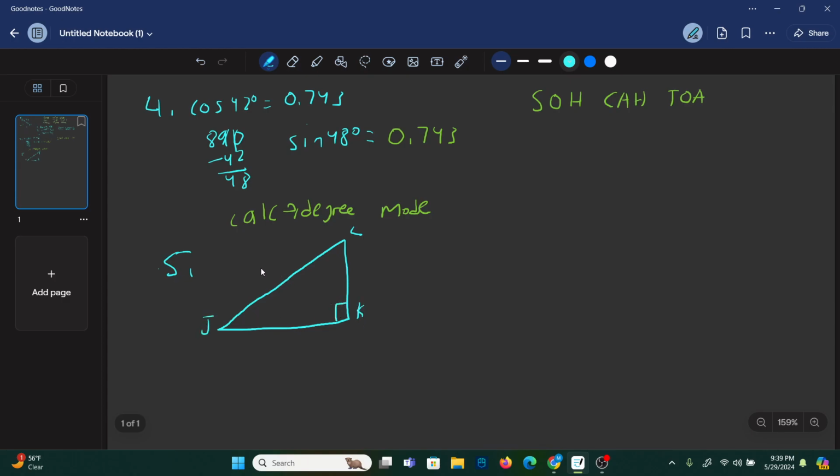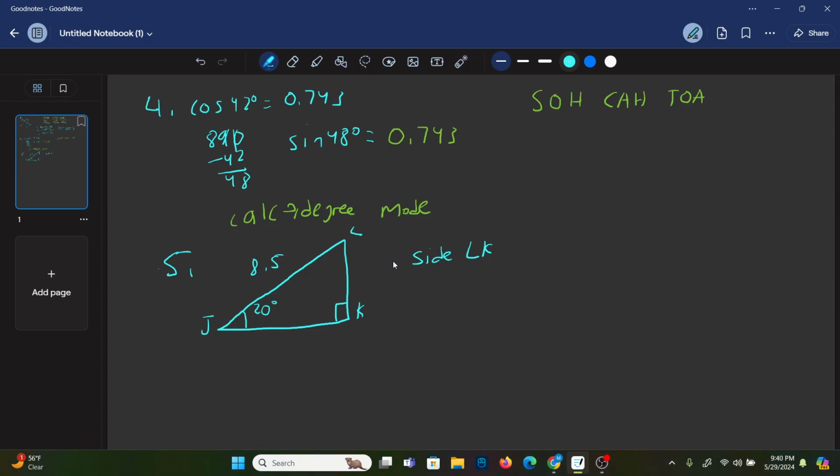And we have this side equal to 8.5. We have this angle equal to 20 degrees. And for problem number 5, we want to know what is side LK. So we want to know this side.